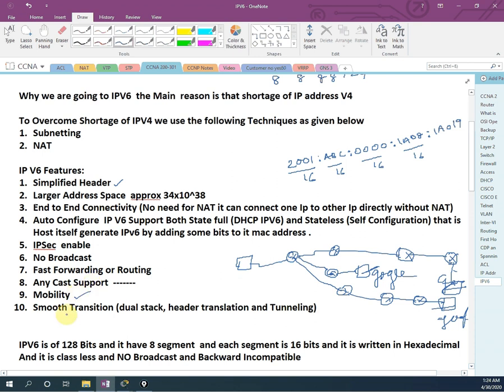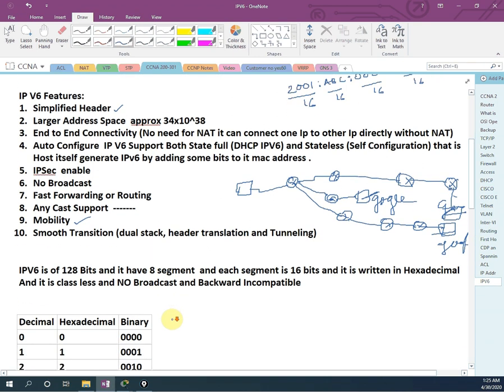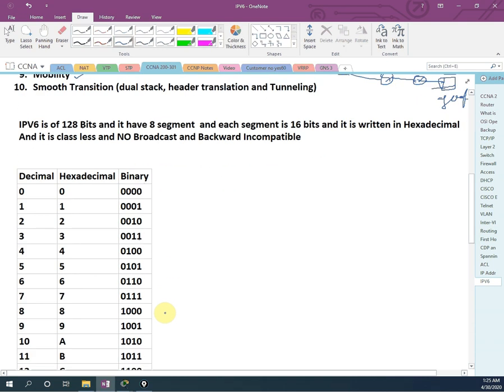And smooth transition means you can make communication between IPv4 and IPv6, but not directly. We need to use some techniques, and with the help of those techniques, we can make communication between IPv4 and IPv6. As we know, IPv6 is 128 bit and has 8 segments.